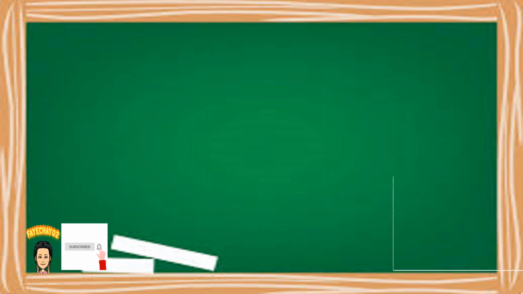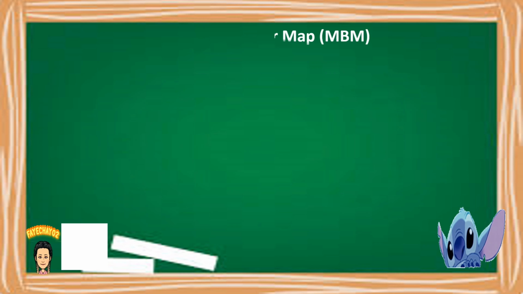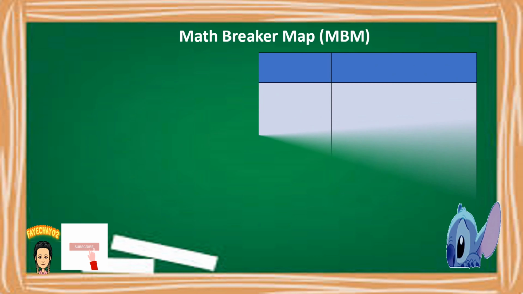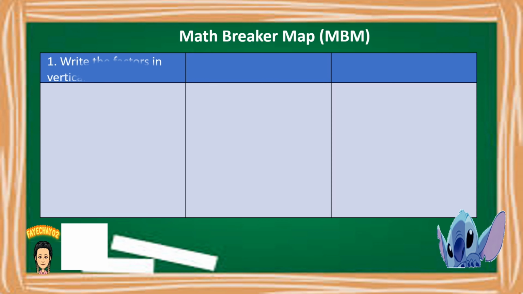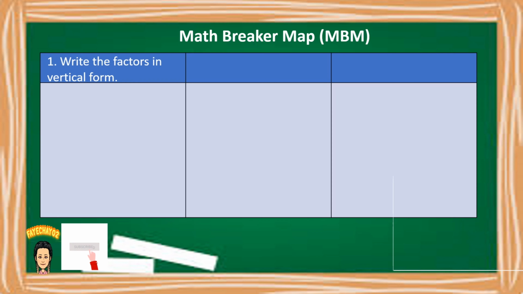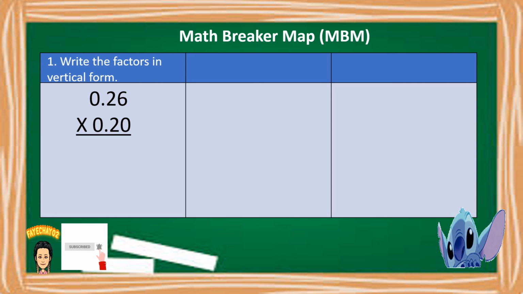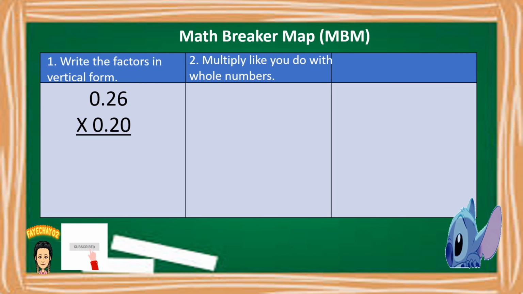Again, we will use the math breaker map to solve the problem. So, we will follow the first rule. Write the factors in vertical form. Then, the second step, multiply like you do with whole numbers.